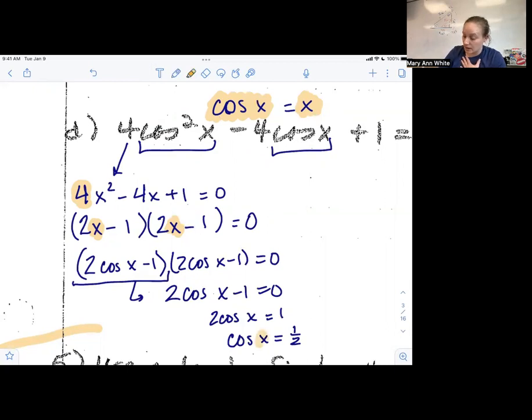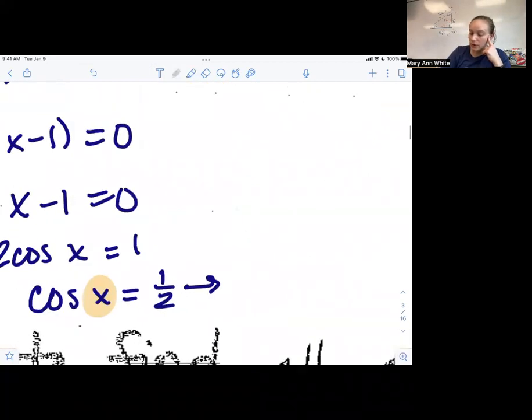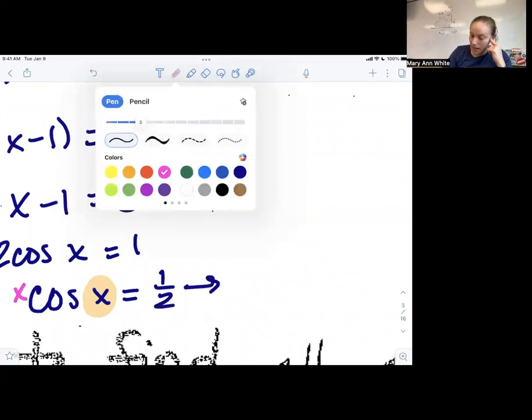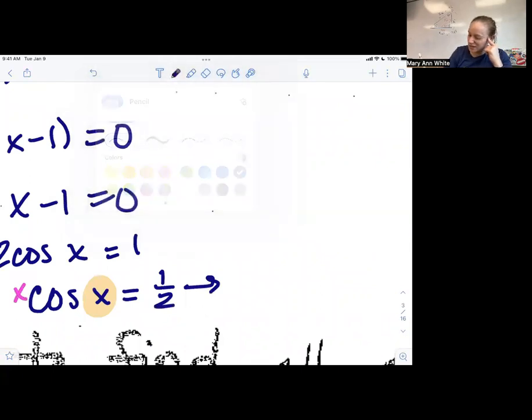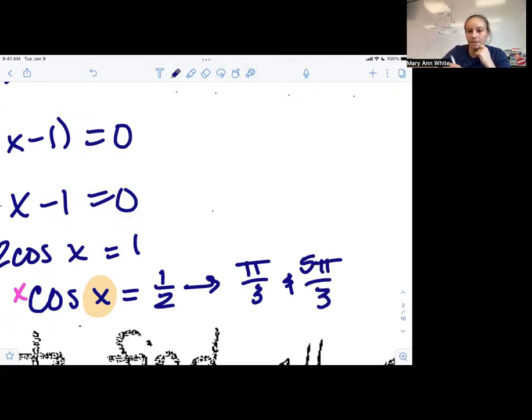I'm done at this step and I'm going to say, okay, cosine of what angle is 1/2? We know cosine is x. My x, that's 1/2 or 60 degrees. So it's at pi over 3. And the other positive cosine is in quadrant 4. So that's 5 pi over 3.